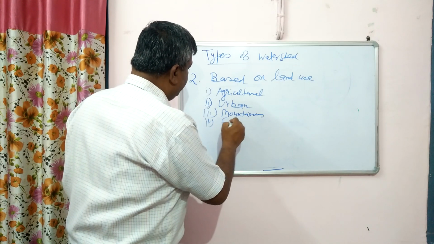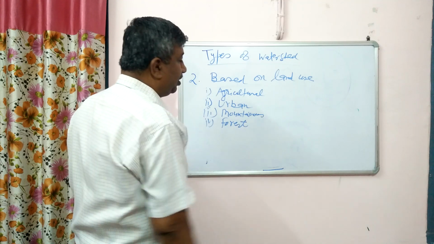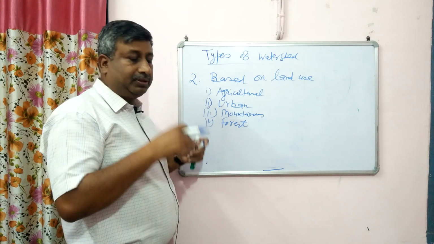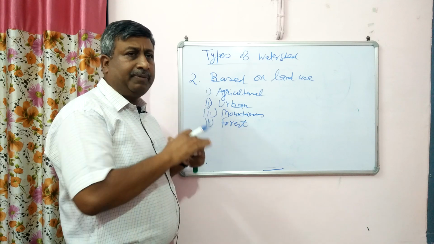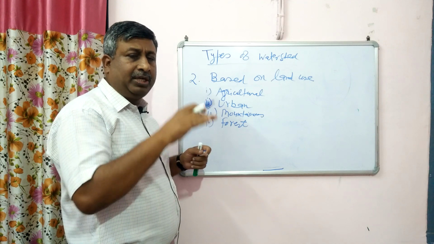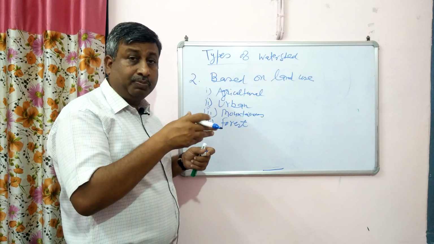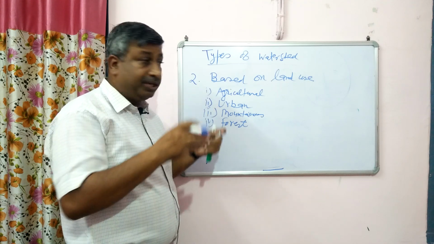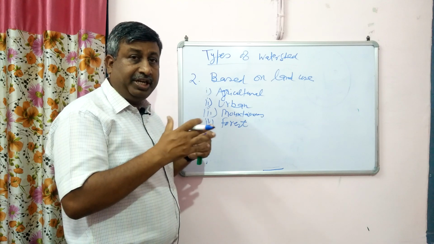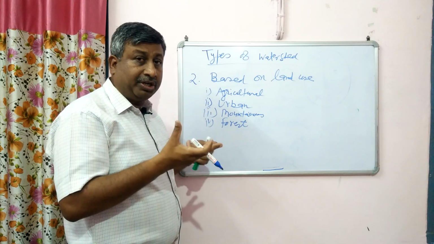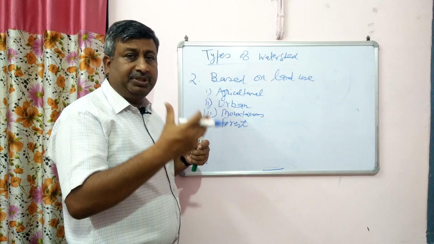Next is forest. Forest watershed means the area is under forest. There are so many tree species, litter is there, leaves are there, organic matter is high in soil. That's why infiltration is more, percolation is more, rainfall is very good because of dominance of forest tree species. There is very good water recharge. A number of wild species are present.